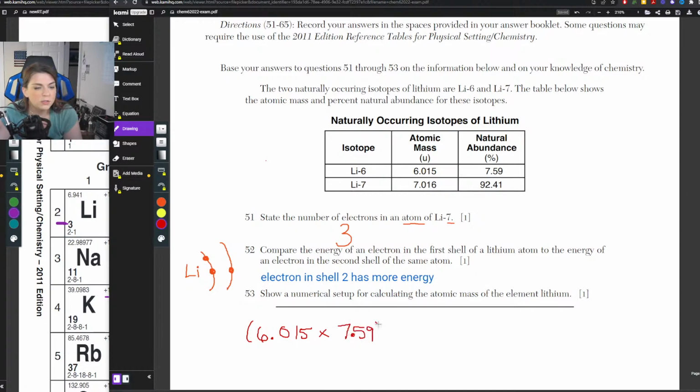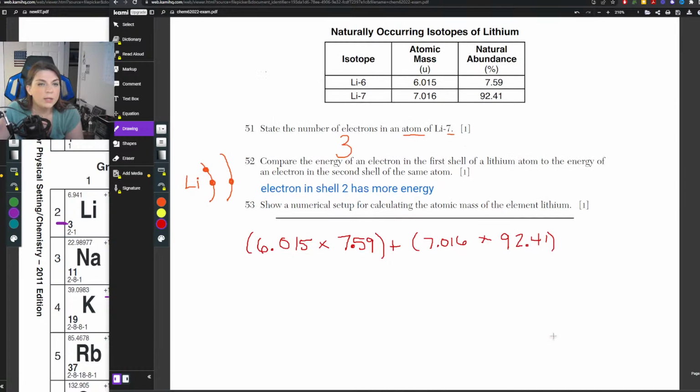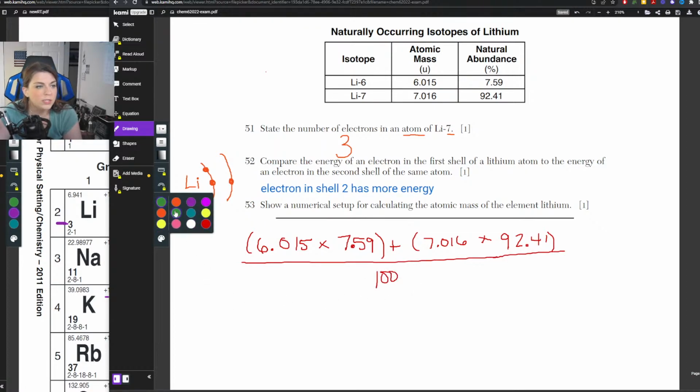There's 2 ways to do this, okay? Then you take that and you add it to the next isotope, 7.016 times its percent abundance, 92.41, but we have to divide the whole thing by 100. Or what you can do is preemptively divide it by 100. 6.015 times 0.0759, which is the same as moving the decimal 2 places.